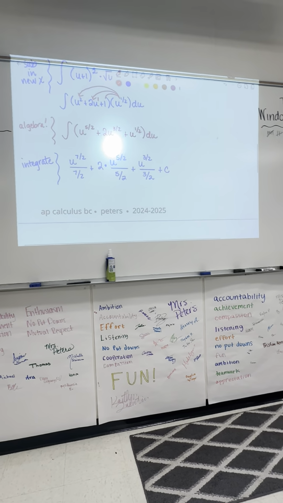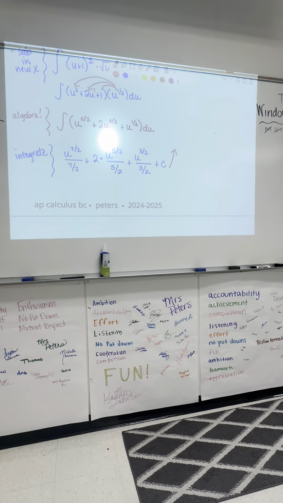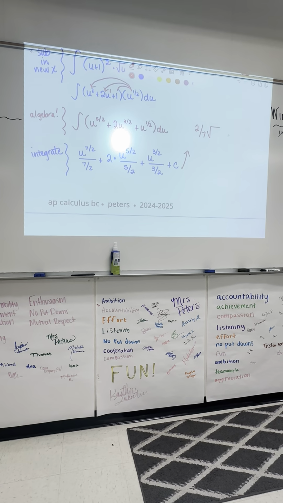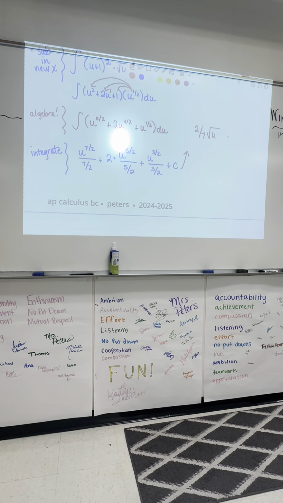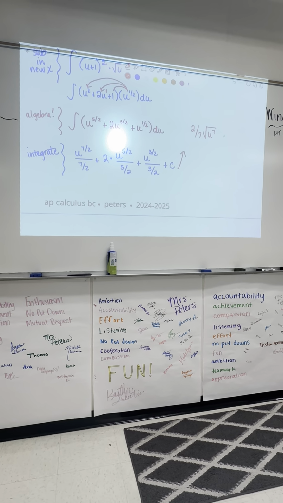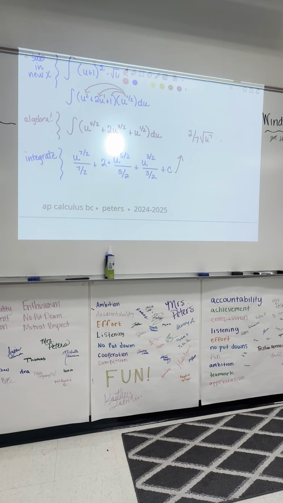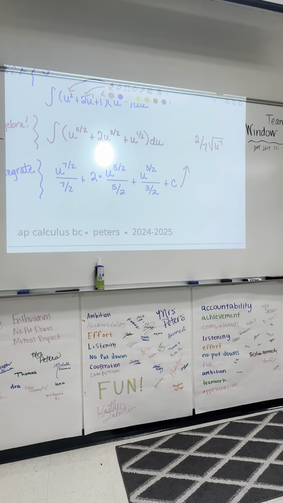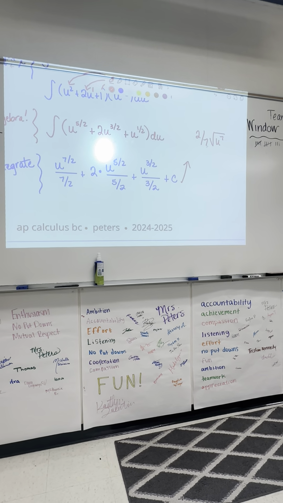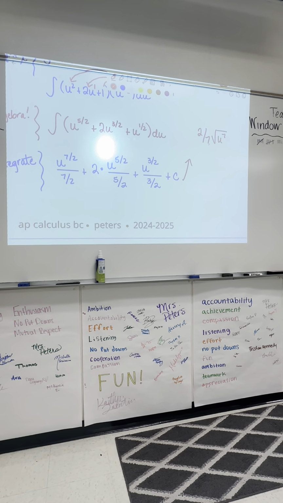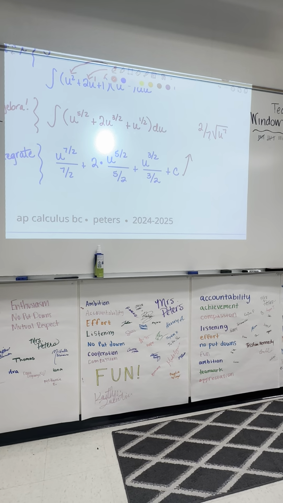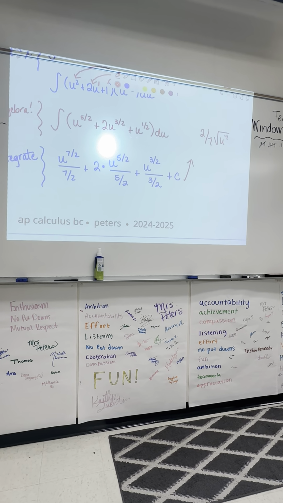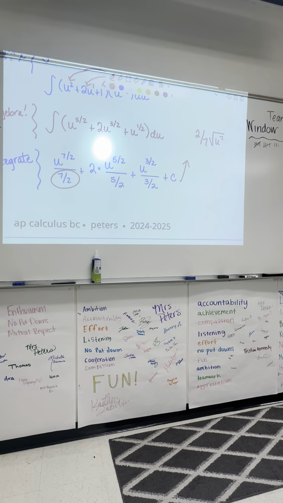So I've got 2/7 square root of u to the 7. Where did I lose you? Did I lose you on that? Right there. So where did that come from? From the 2 all the way to the 2/7. You're multiplying by 2/7. Keep, change, flip.